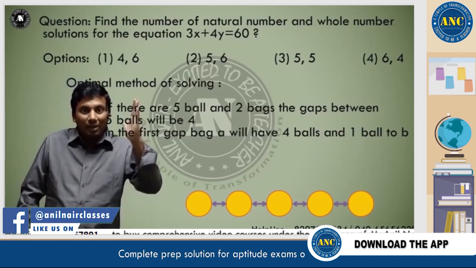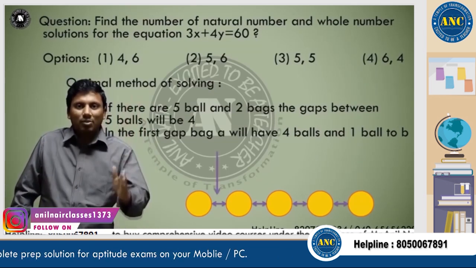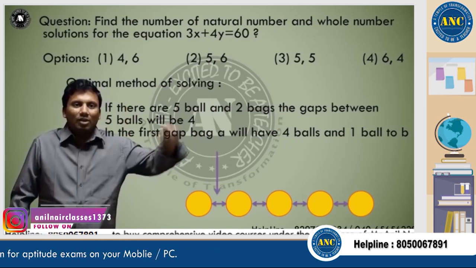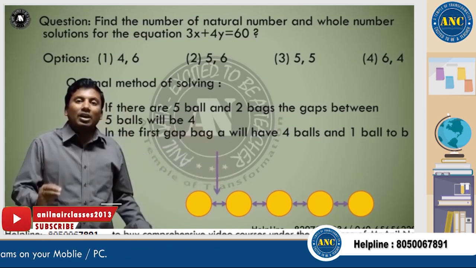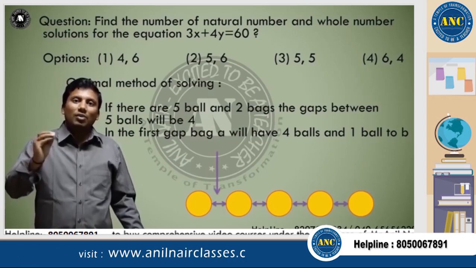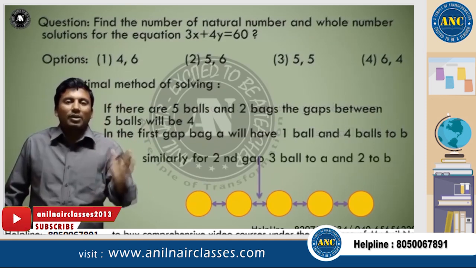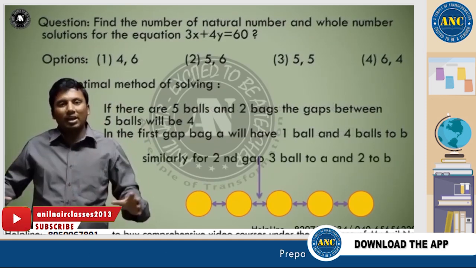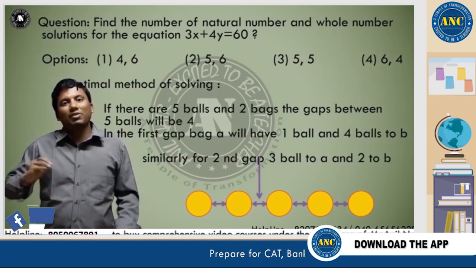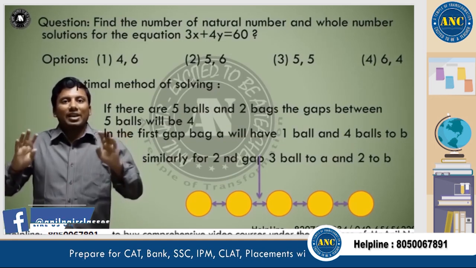If I select the first space, between the first ball and second ball, the first ball can go to bag B and the remaining 4 can go to bag A. So that will be one solution, 1 plus 4. If I select the second space, it will be 2 plus 3. Similarly, there are 4 spaces between 5 balls, so there are 4 ways I can select.